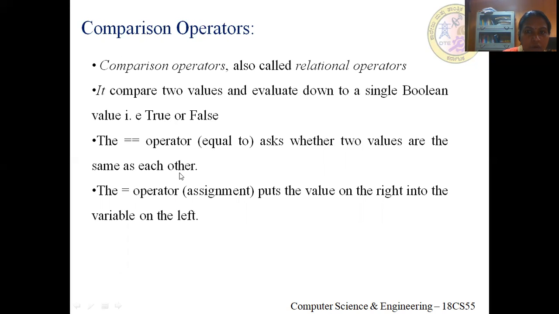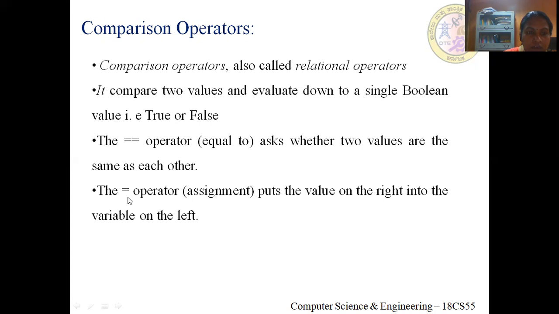All comparison operators are binary operators, that is, two operands will be there, operand 1 and operand 2. In between them will be the comparison operator or the relational operator. In this example, the equal operator will check whether operand 1 and operand 2 are the same or different.